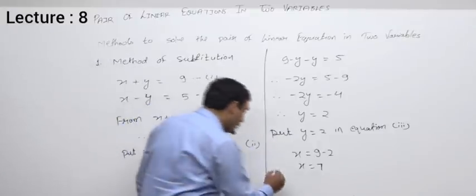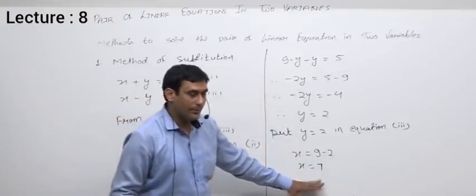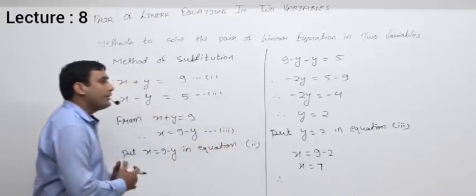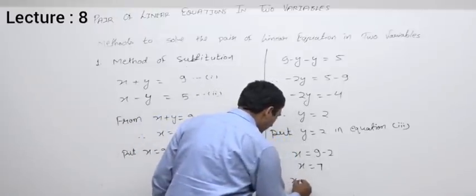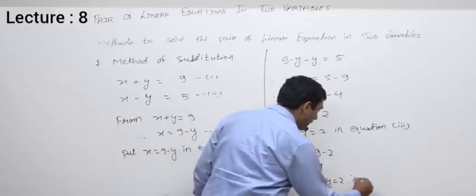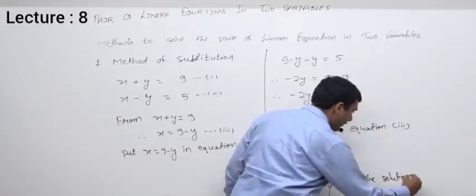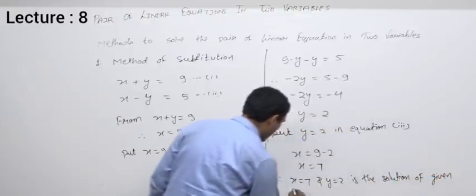Okay, so the concluding line, this is compulsory. In each and every question it is compulsory to write the concluding line, or we'll say concluding statement. Therefore, x equal to 7 and y equal to 2 is the solution of the given pair of equations.